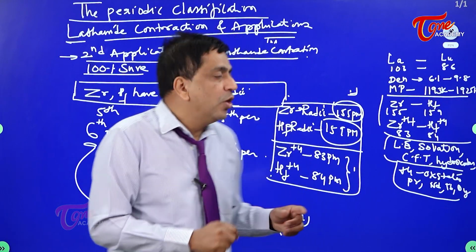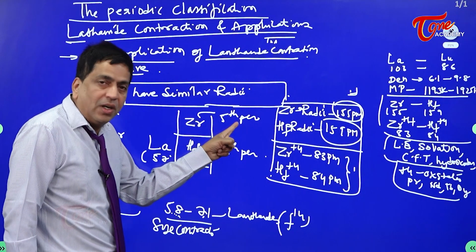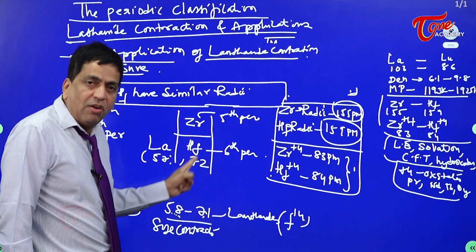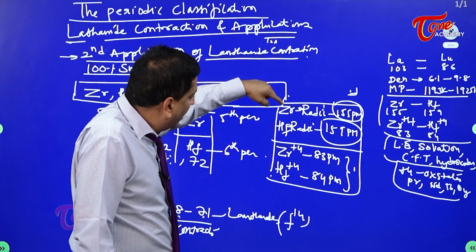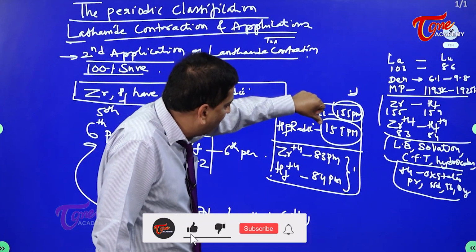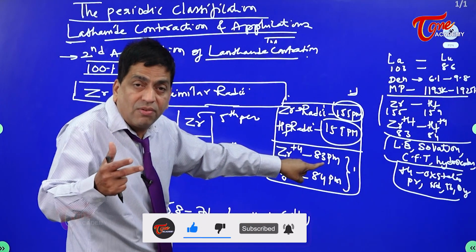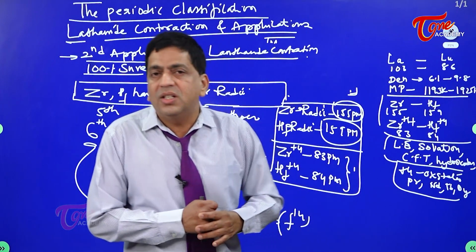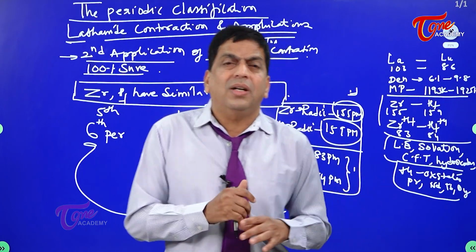So the corresponding element is zirconium, which is in the 5th period, and hafnium in the 6th period. Both will have similar radii. And here is a proof for that. Zirconium radius is 155, hafnium radius is 159. If you look into their ionic radii, that gives much better information. It is 83 picometers and 84 picometers. Very strange and surprising to me, even at this level.